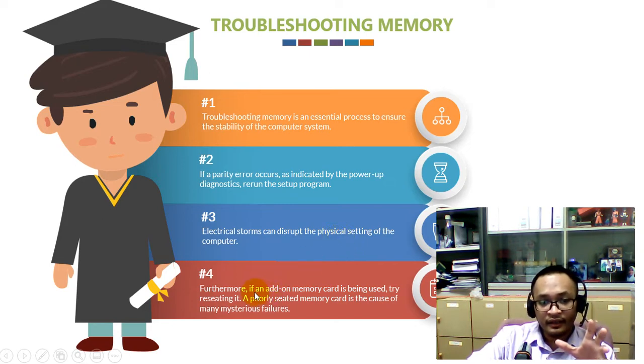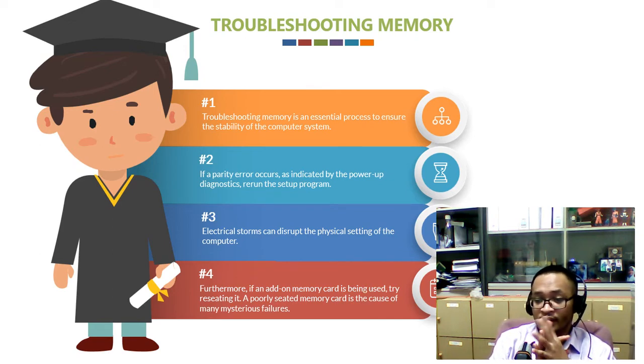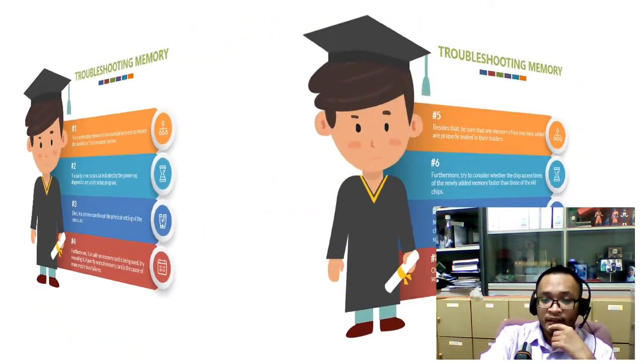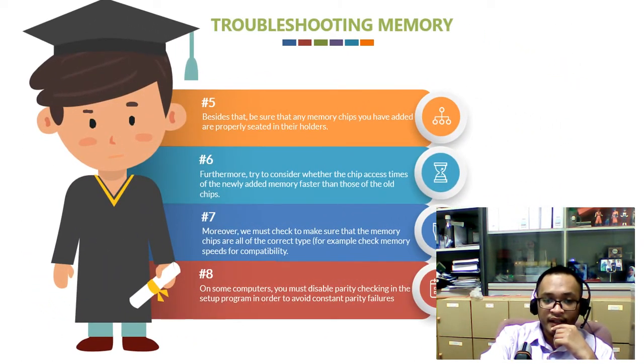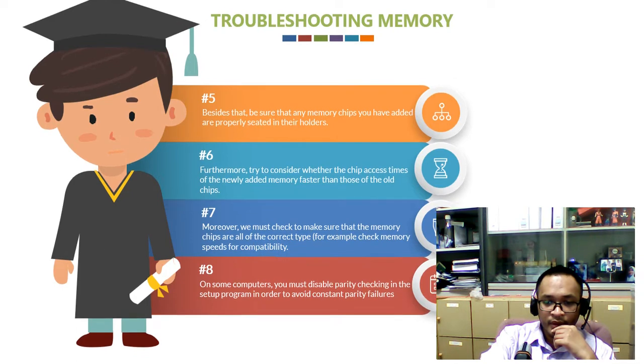And if add-on memory is being used, you have to check whether it has been reset properly. Whenever you turn on your computer, if you hear an alarm beep, it means that something is wrong with your system memory. And for the others, you can read by your own.